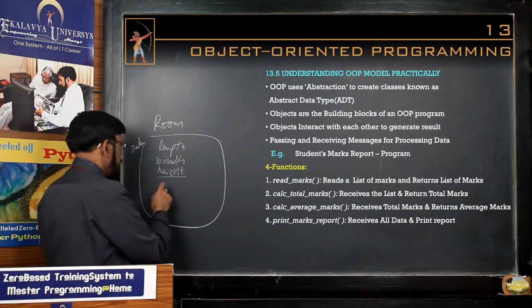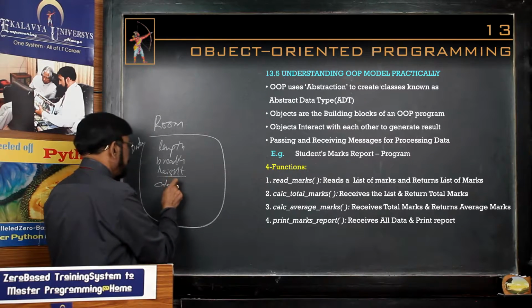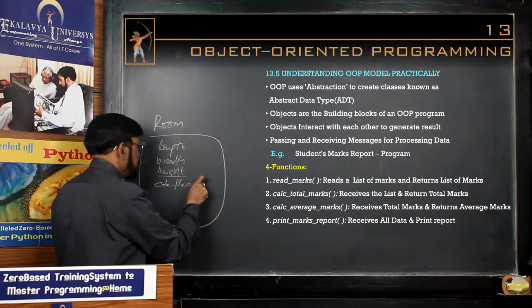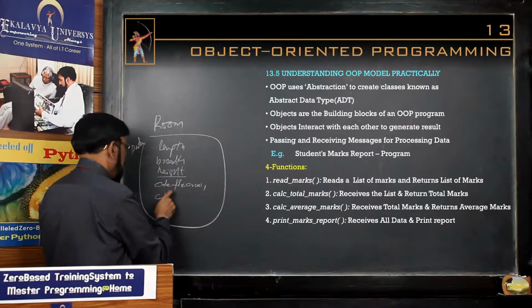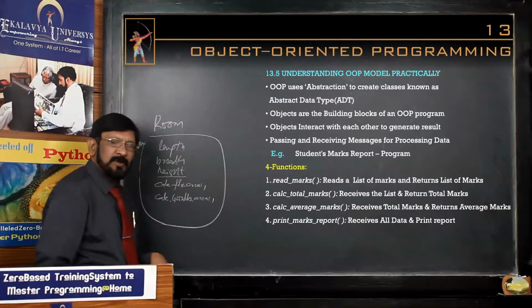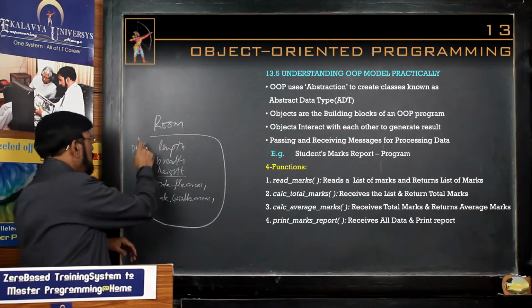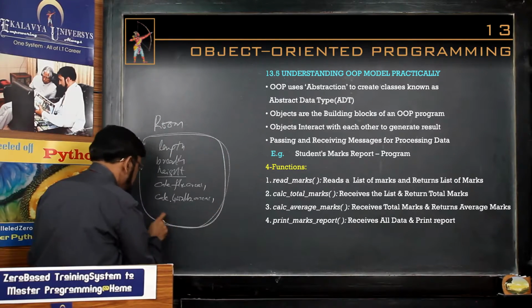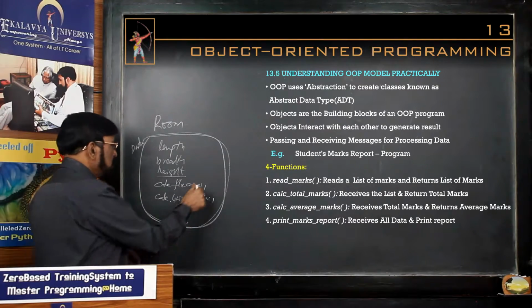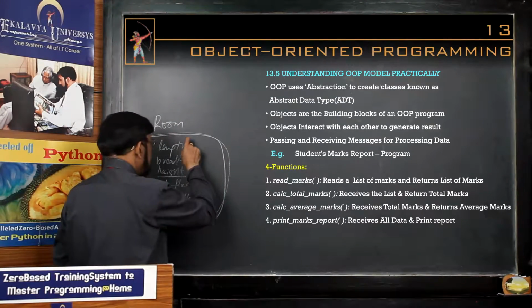And let us take functionalities. Calculate floor area. This is one of the functions. Calculate four walls area. This is another function. Now these are encapsulated as a unit. If you see that, to calculate floor area, which data is required?